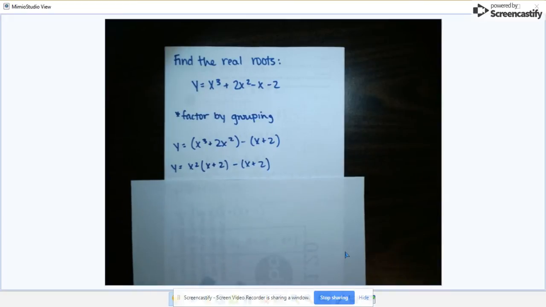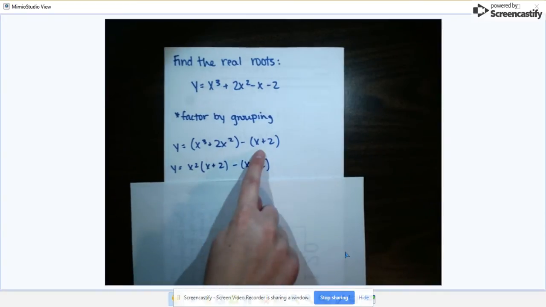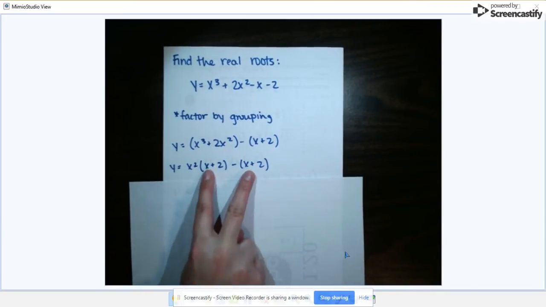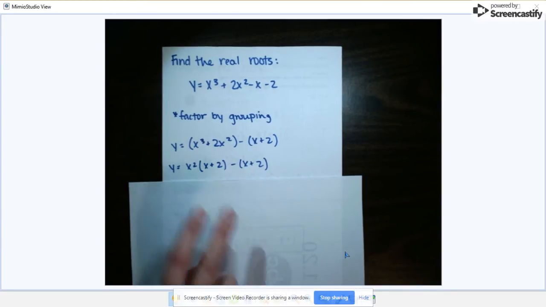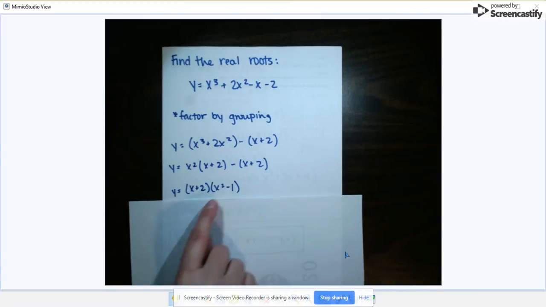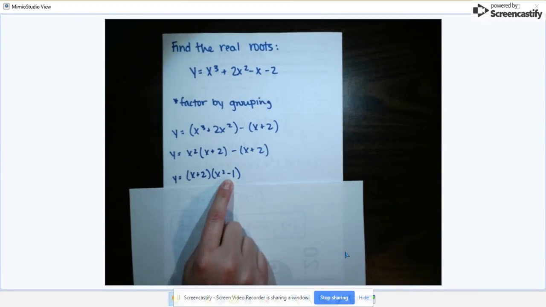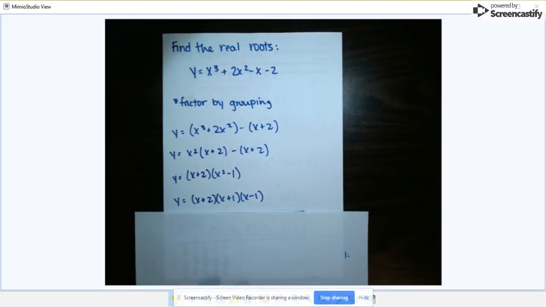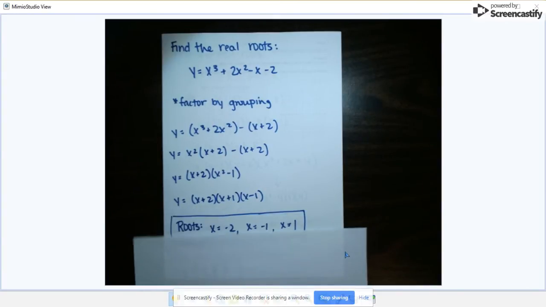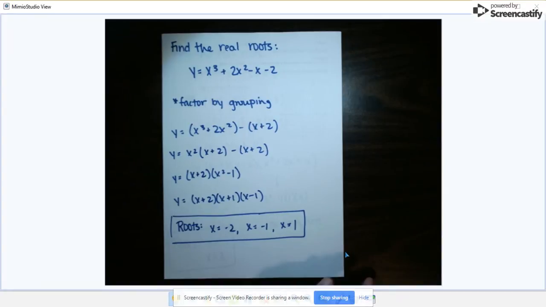So you can take an x squared out of the first piece, and you can't factor anything out of the second piece, but that leaves us with an x plus 2 in each term now. So we go ahead and factor that x plus 2 out, and that leaves us with x squared minus 1. Well, lucky us, x squared minus 1 factors again to be x plus 1 and x minus 1. So this time we will have 3 different roots. We will have x equals -2, x equals -1, and x equals +1 as our 3 roots.